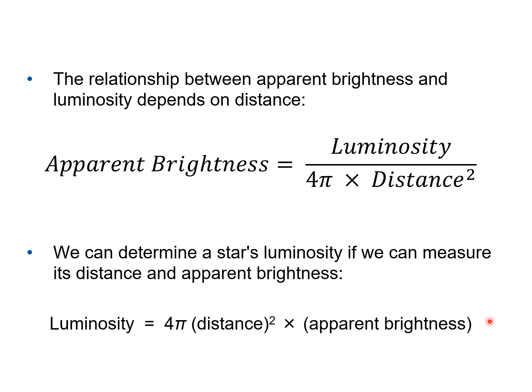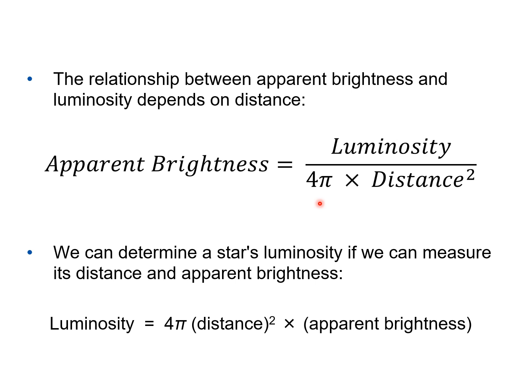Now in this class, we're not going to be doing the math. We're not going to be plugging numbers into these formulas or directly using these formulas, but it is important to understand this general relationship here, that apparent brightness is luminosity divided by, you don't even need to remember that constant 4 pi.